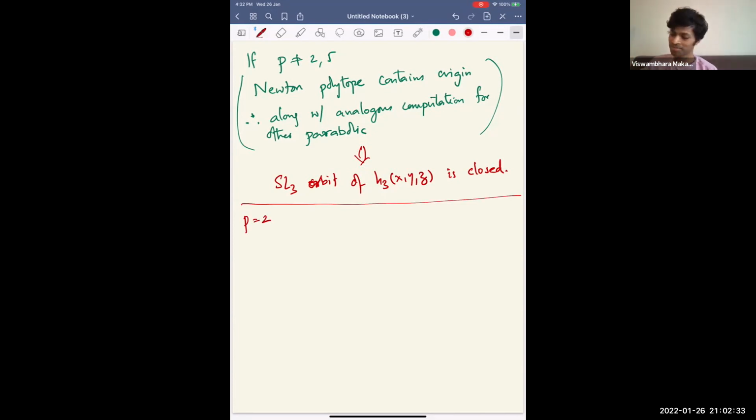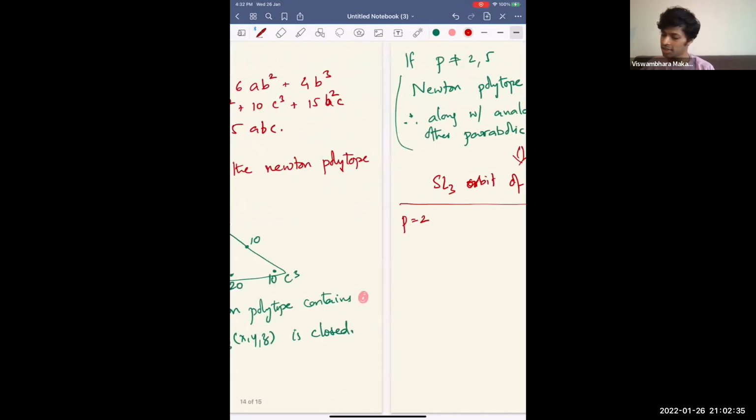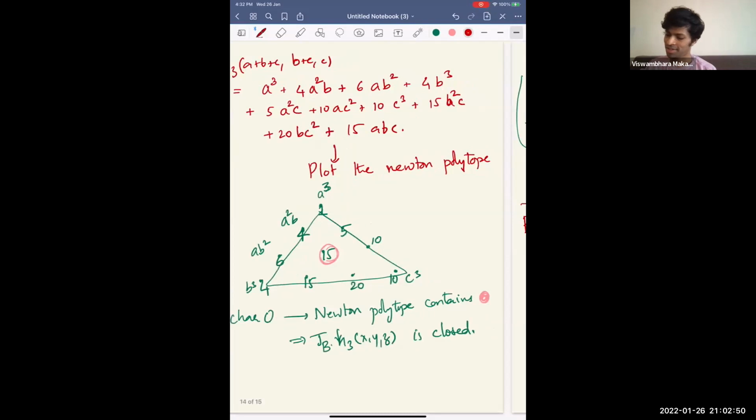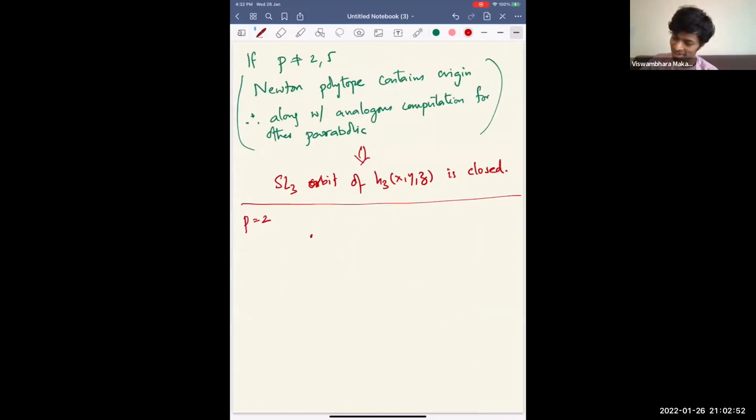It just pops out. So when p is 2, look at this same picture. When p is 2, 4, 6, and 4 die. 10, 20, 10 also die. Only 4 things remain. So when p is 2, the only things that remain are these. Okay, so I will draw this. And I think by now you realize that it's just the support that matters.